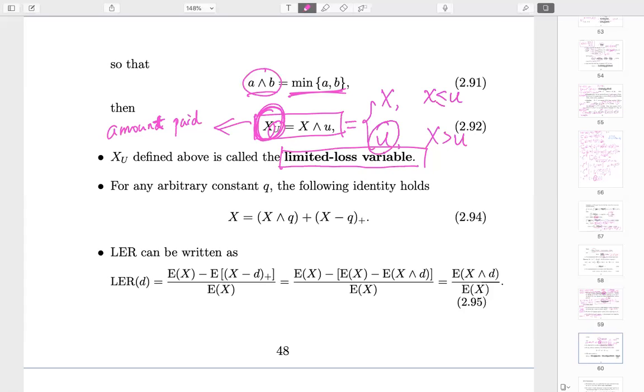So when there is a policy limit, it's good news to the insurance company because they know the maximum loss they will suffer. But it could mean a potentially huge financial liability to you because the loss can be very, very big, right? Can be enormous. So that's something you need to think about when you buy insurance.